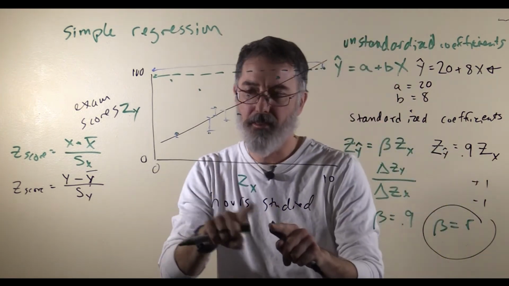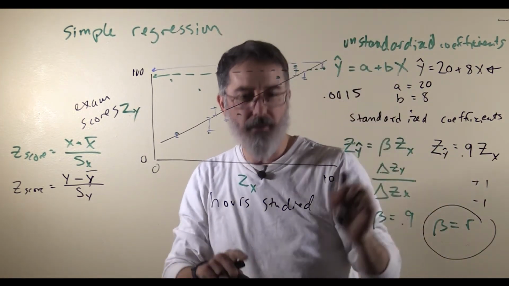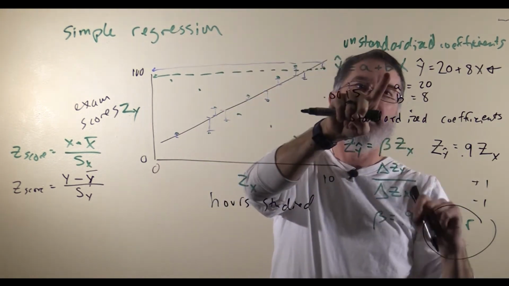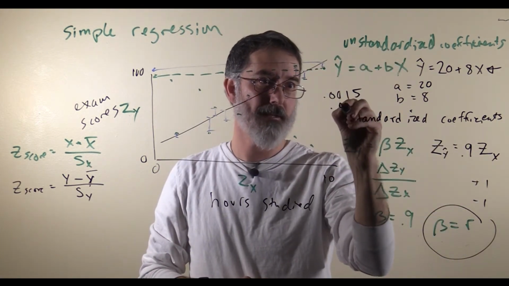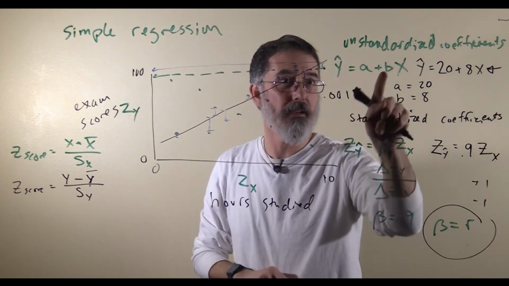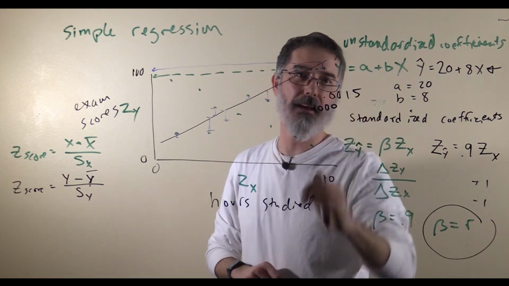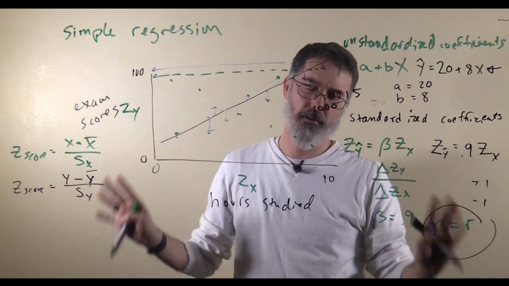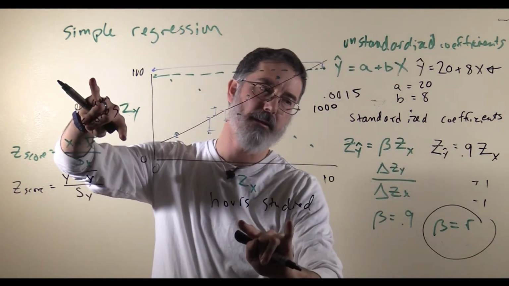So if you're working with numbers like reaction time in milliseconds, your B value could be something like 0.00023. It's a super tiny number. Or if you're working in incomes, right, your B value could be a huge number. It could be like 1,000. So B values, there's no limit on their range. It's just determined by whatever variables you're using.